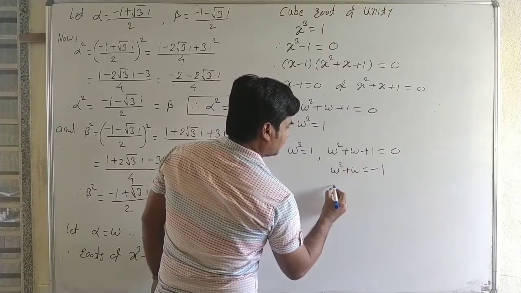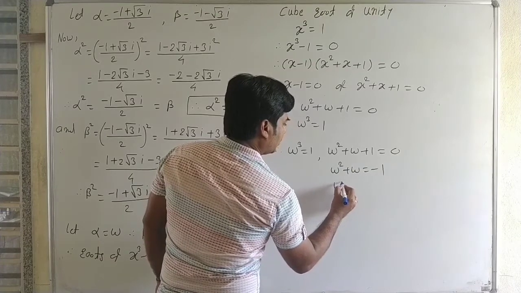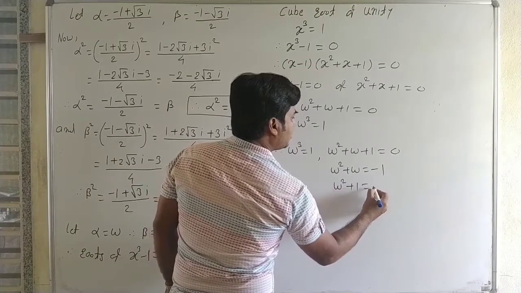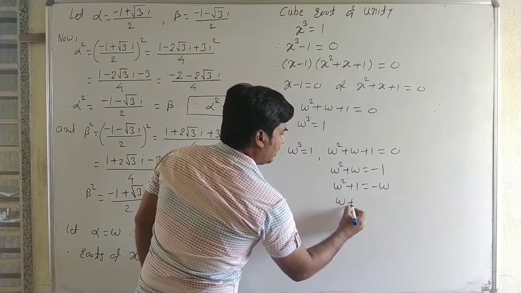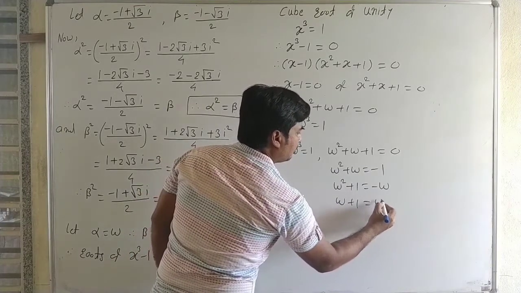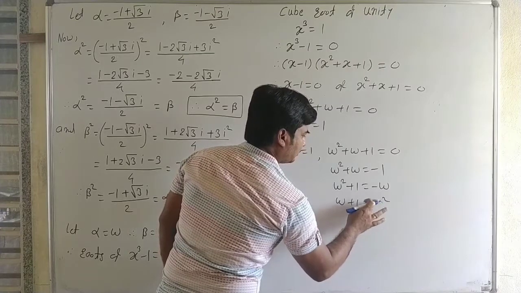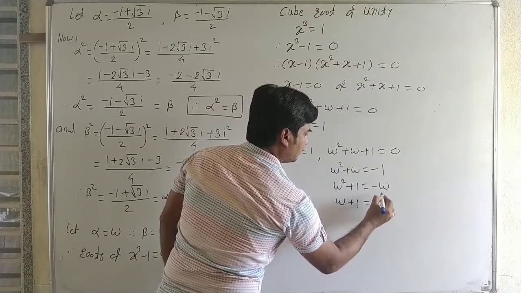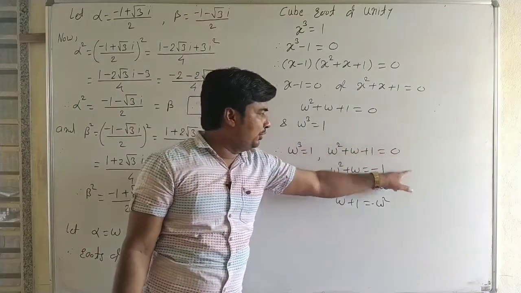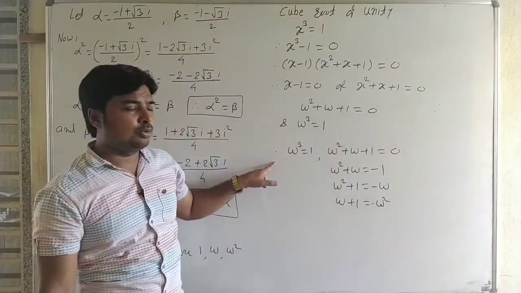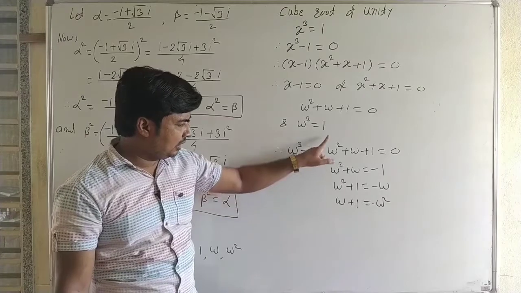Then omega square plus 1 is equal to minus omega, and omega plus 1 is equal to minus omega square. Here from this cube root of unity we get these 4 results.